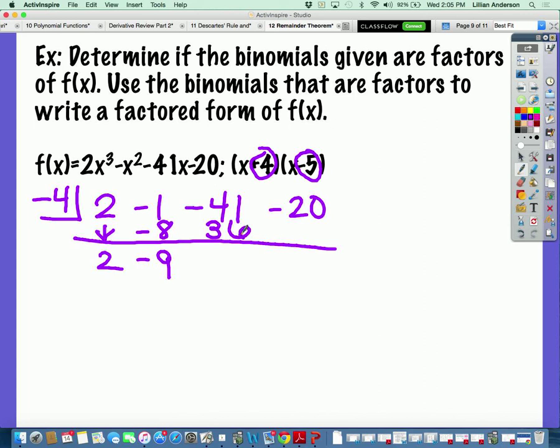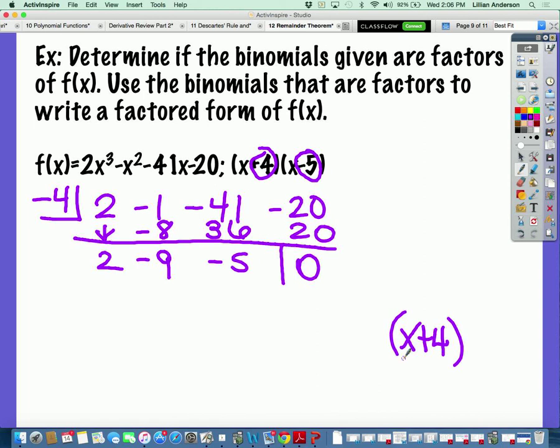I'll add to get. Multiply again to get. And then add to get. If I get a 0, what does that mean? -4 is a 0, which means that x plus 4 is a factor.